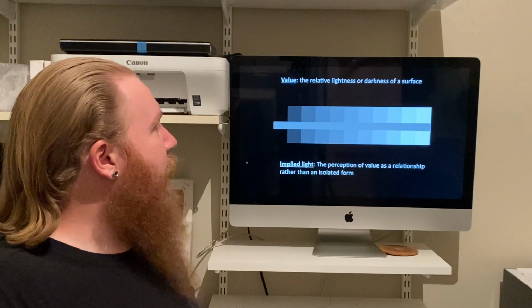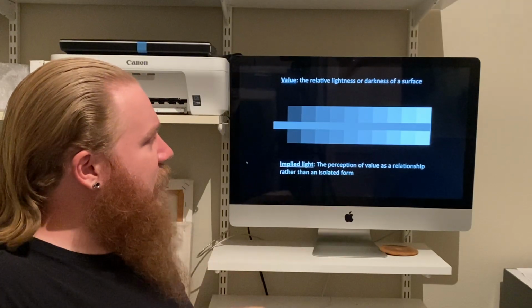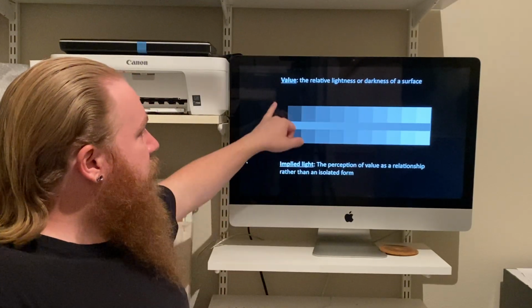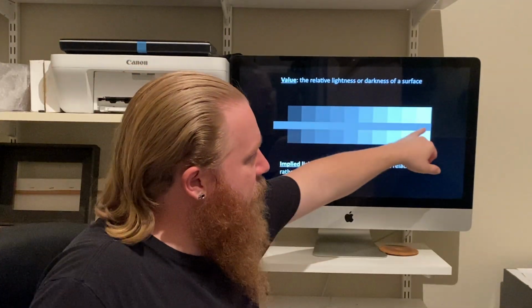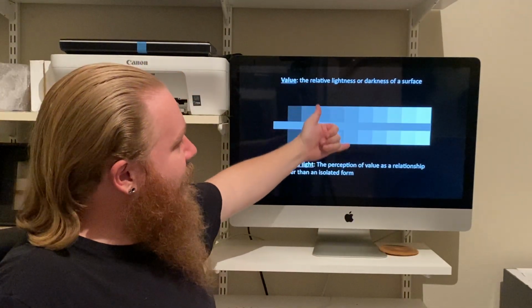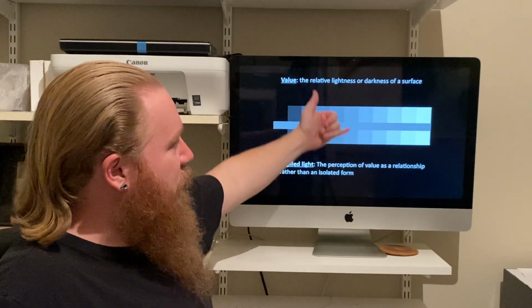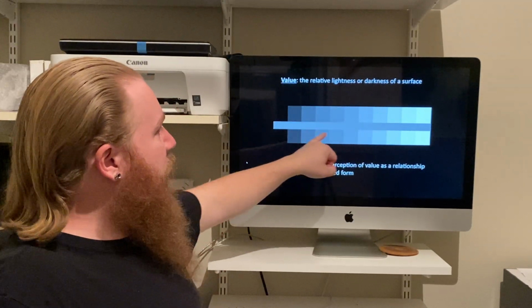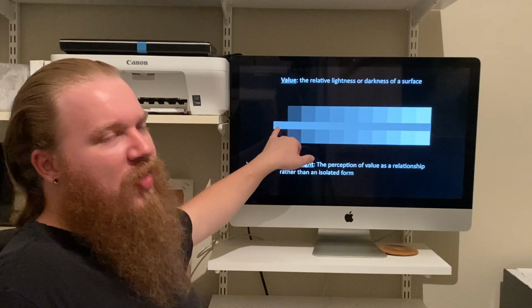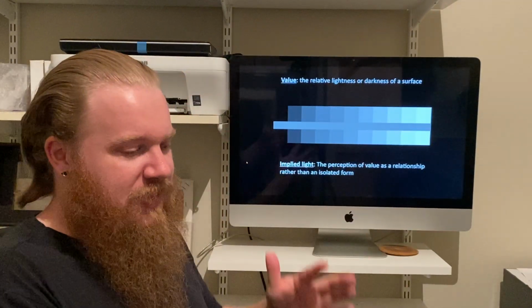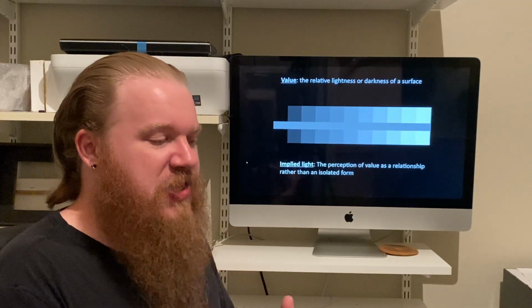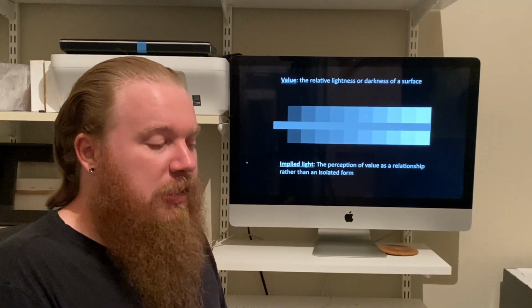It might not be easy to see in this, but the gray bar that runs through the middle here is the exact dead center gray that we see here. However, it appears much lighter as we approach black and much darker as we approach white. And so this is a way that we can perceive value as a relationship.